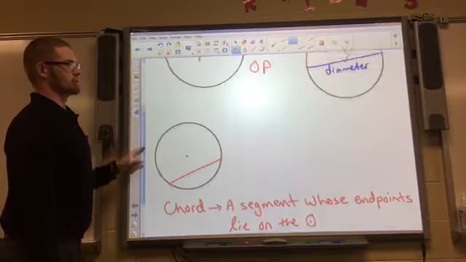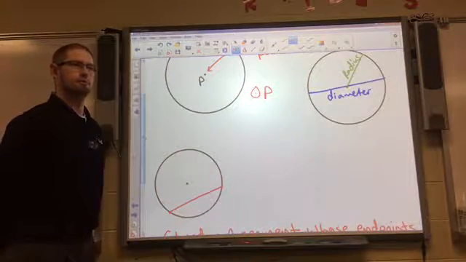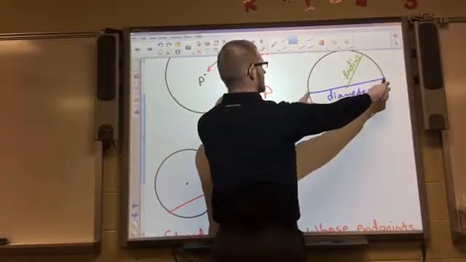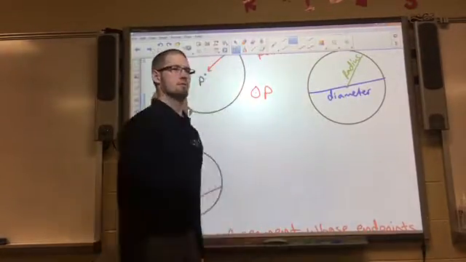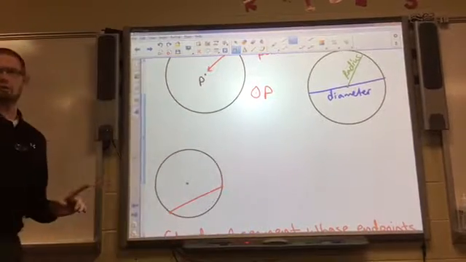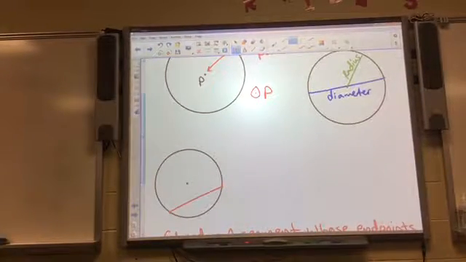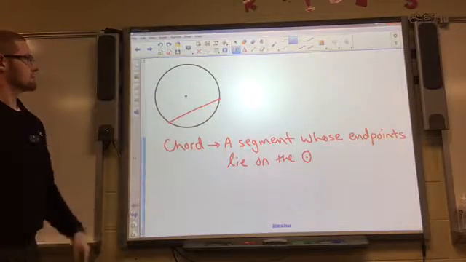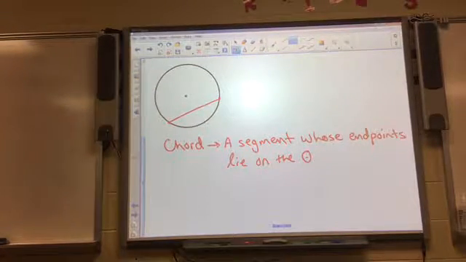Is a diameter a chord? Yeah, the endpoints of a diameter are both on the circle, aren't they? What about a radius? No, because only one point is on the circle, right? Okay. Questions on a chord? That might be a new term for you guys.